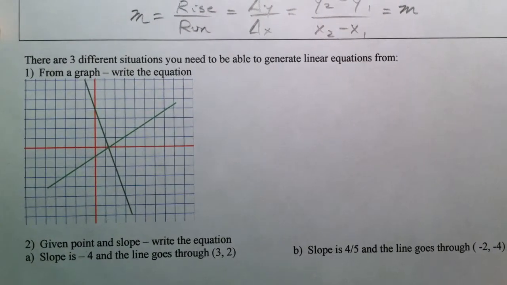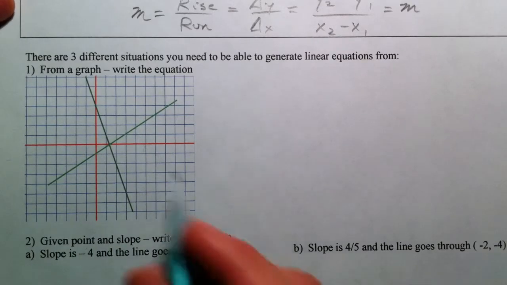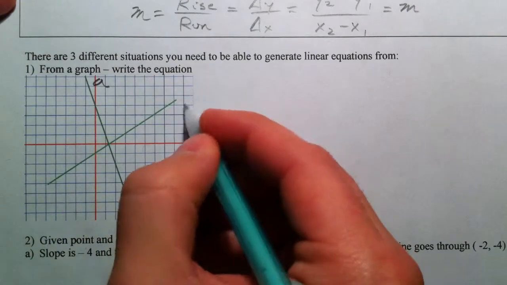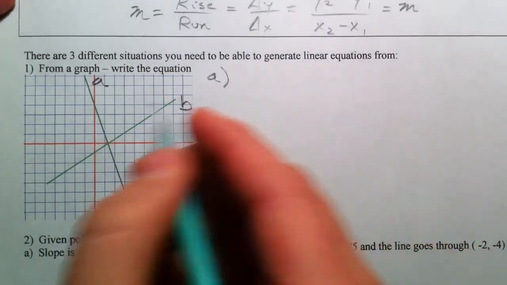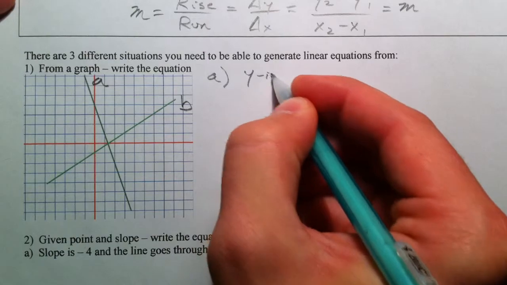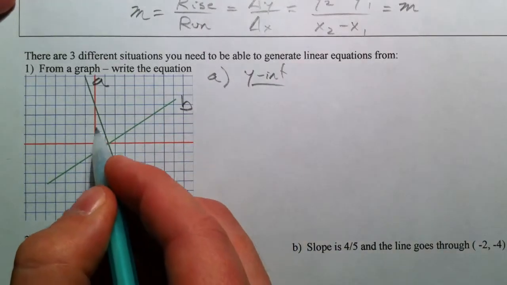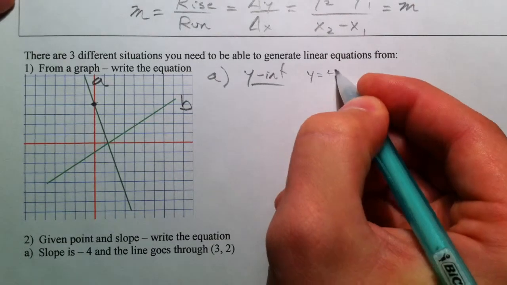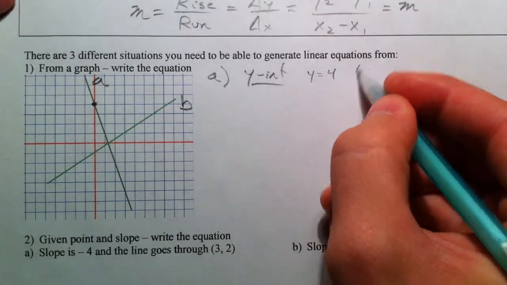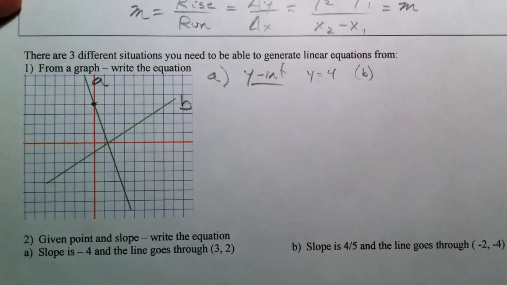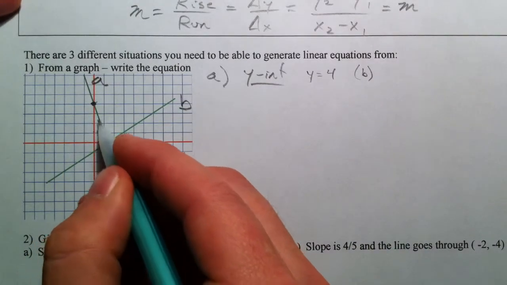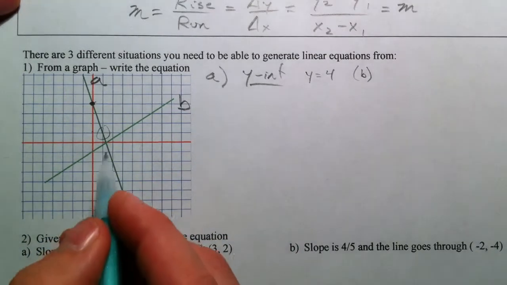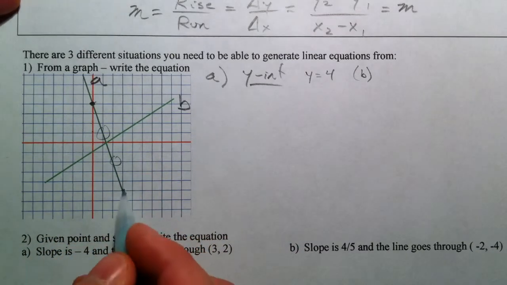So from a line, what I look for is, and I'm going to call this A and call this B, do I have a y-intercept? Y-intercept is 1, 2, 3, 4. That's our B. And then, do I have a slope? Well, I went down 1. I look for points like this where it crosses the grid.